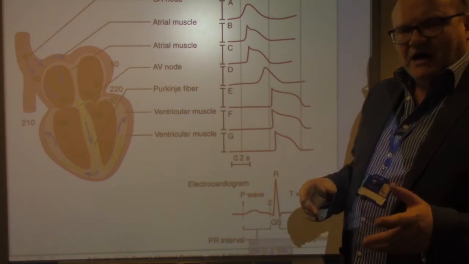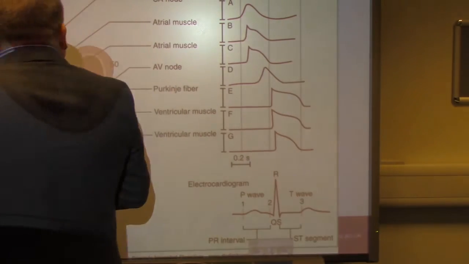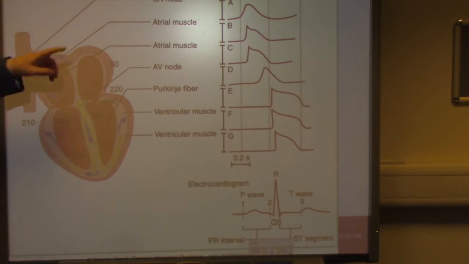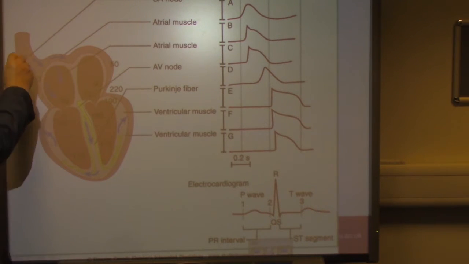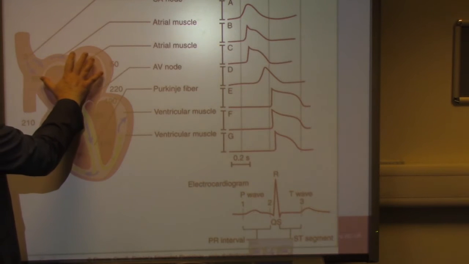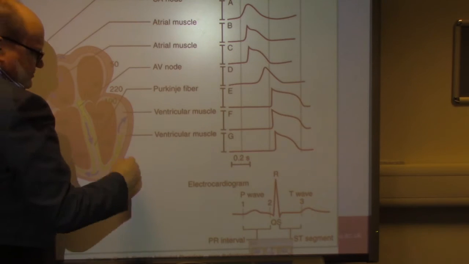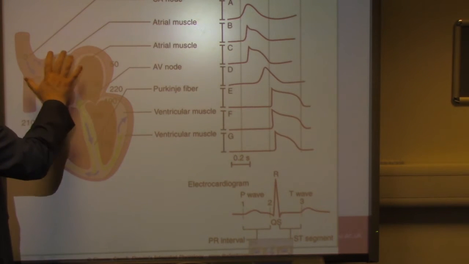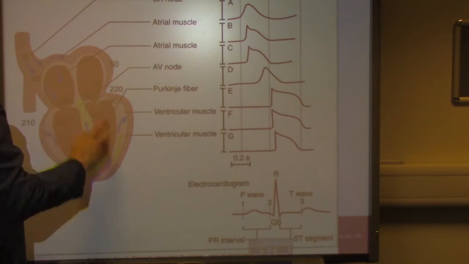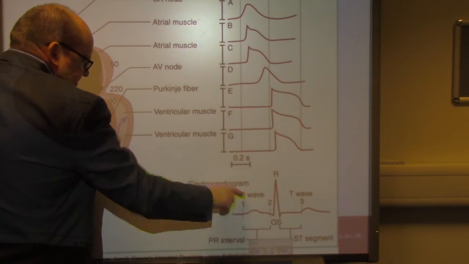So what we've got to happen then is, you've got the pacemaker up here, the sinoatrial node, that sets the beat of the heart. That sends a wave of excitation over the atria. They contract, and so that wave of excitation, as they become depolarized, is picked up by the ECG trace there.